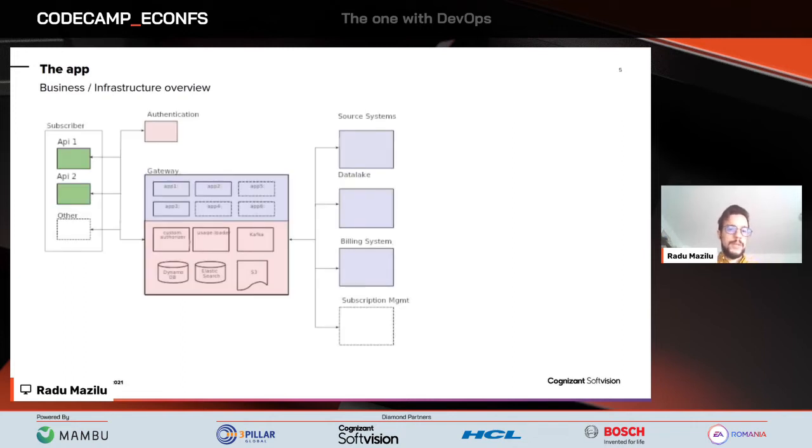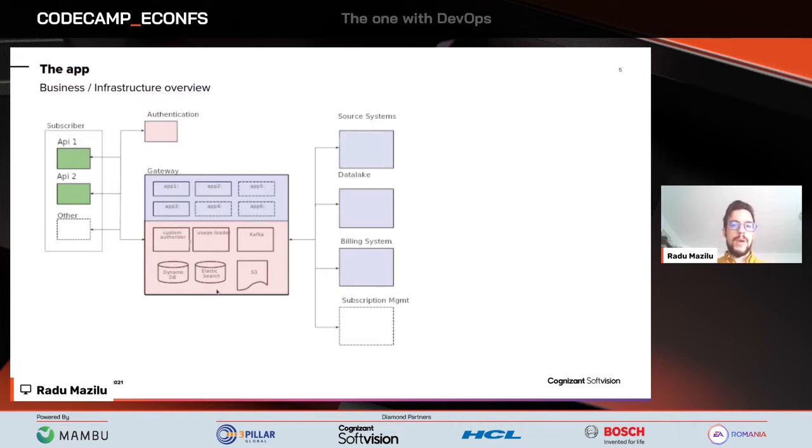Okay, so this is a big overview of how we're running things here. You have here a subscriber that uses some APIs from what we offer, the authentication component. You have a gateway with various components: authorizer, DynamoDB, Elasticsearch, S3, Kafka, whatever we have here.